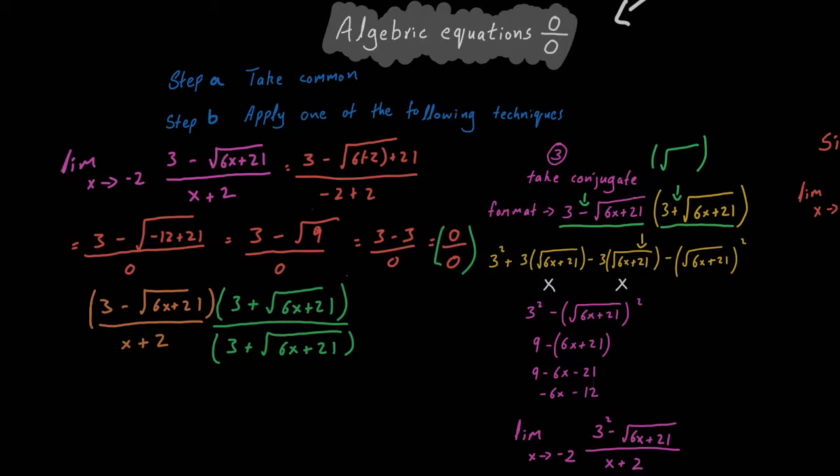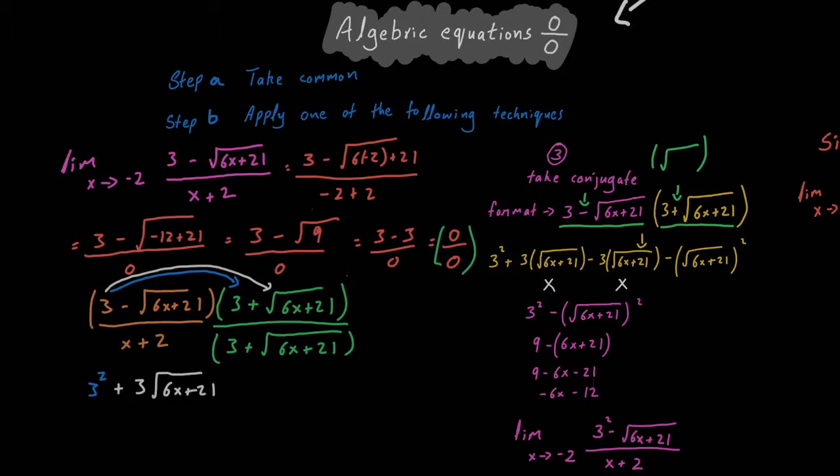Now let's try to simplify the numerator. This will be multiplied with this, so it would be 3 square. Then 3 would be multiplied by this, so it would become plus 3 into under root 6x plus 21.